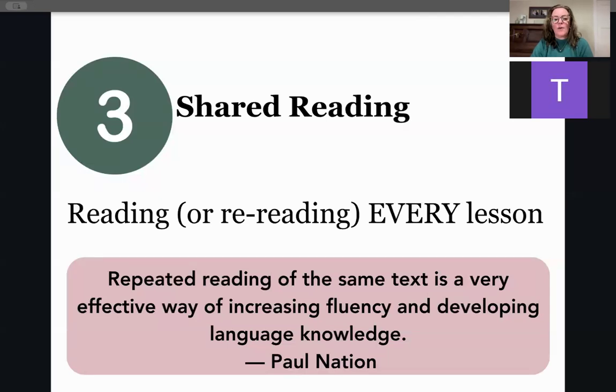And so I just don't think we do enough of it. I think that we need to be providing the students with more opportunities to come across the language chunks in many, many different ways, in familiar ways. So slight tweaks, but rereading similar text.